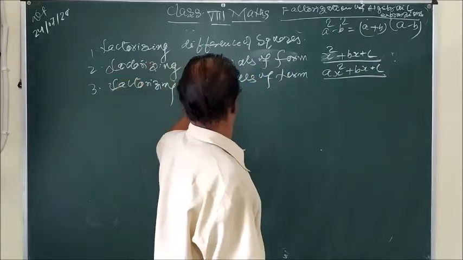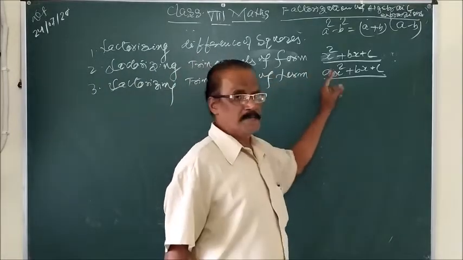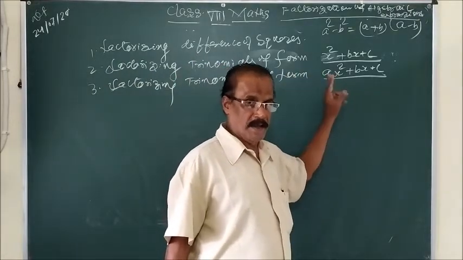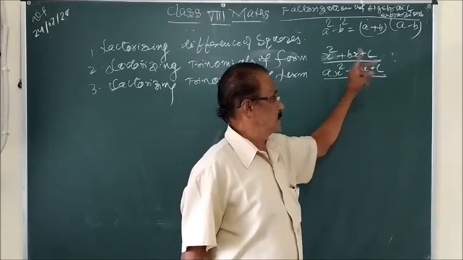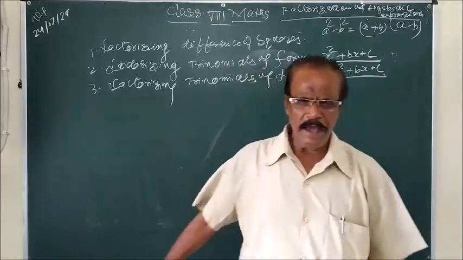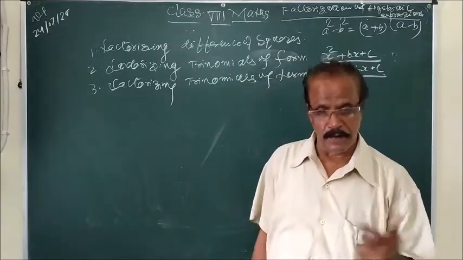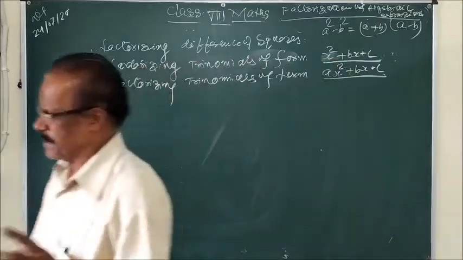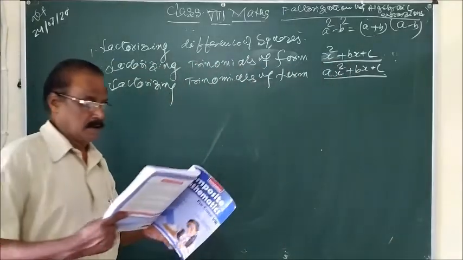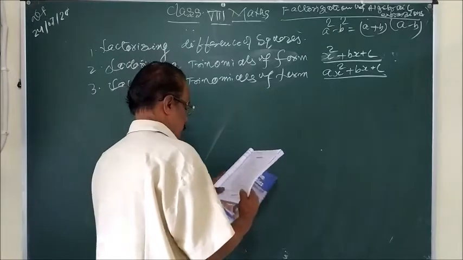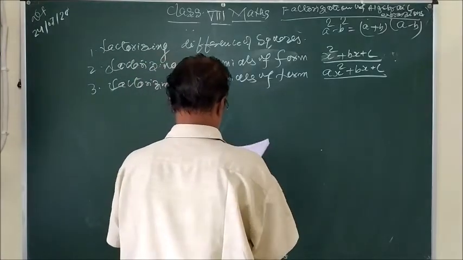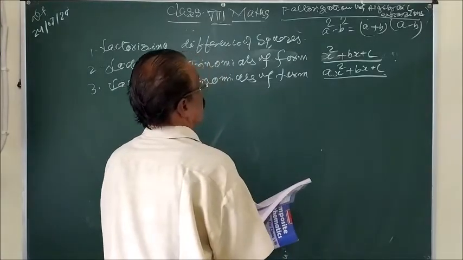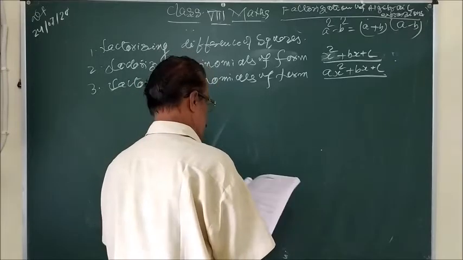And factorization of trinomials in the form ax square plus bx plus c. I explained these three types of questions with three examples. Now you see, factorize. You should understand these three methods.